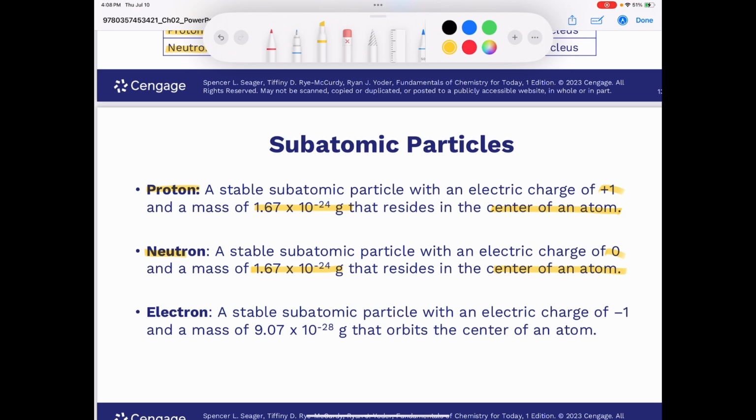A neutron is actually a tiny bit heavier than a proton. And then we have the electron, and electrons are found outside of the atom. It orbits the center of the atom, has an electric charge of -1, and a mass of 9.07 times 10 to the negative 28 grams. All right, so there we go: proton, neutron, and electron.